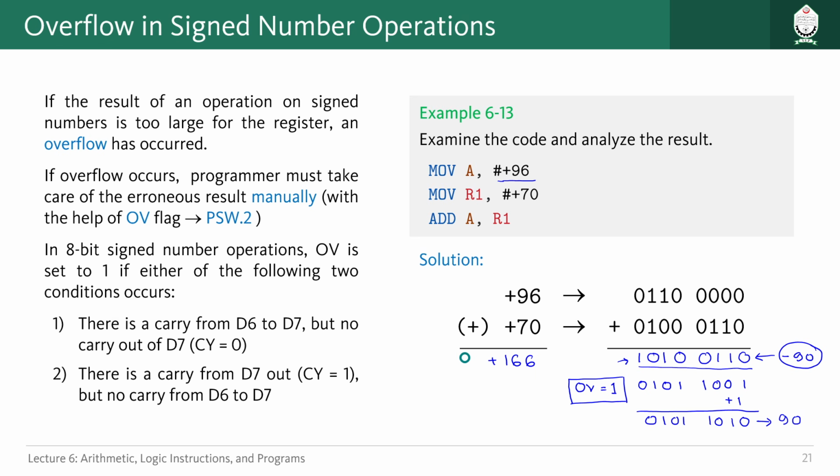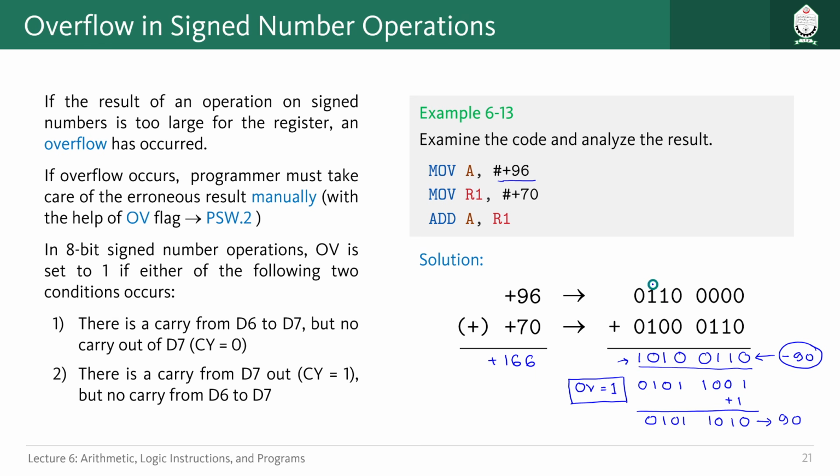But how does the 8051 understand whether there is any overflow or not? It does that with the help of these two conditions. Whenever we do this kind of calculation, if there is a carry from D6 to D7 but no carry out from D7, this is one of the conditions. Here D0, D1, D2, D3, D4, D5, D6 to D7.